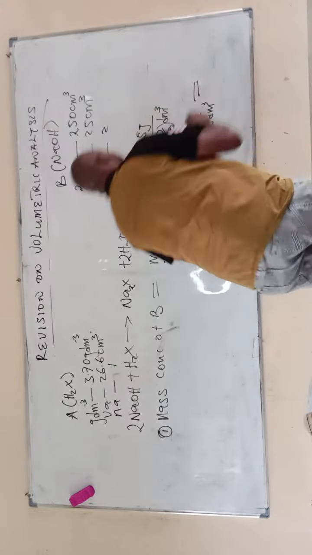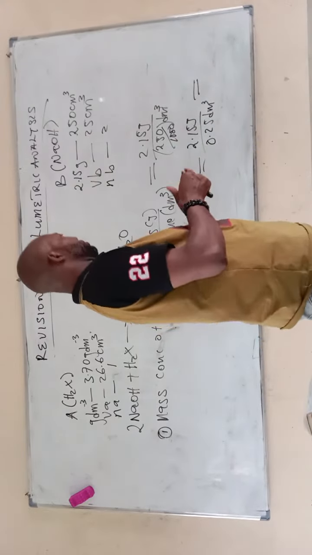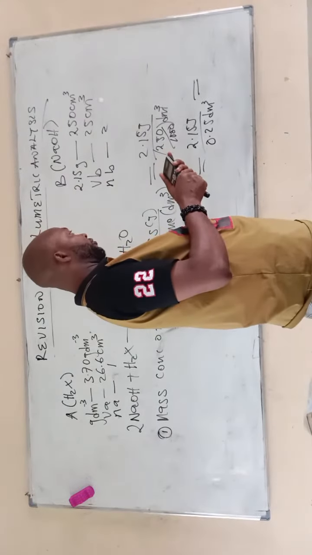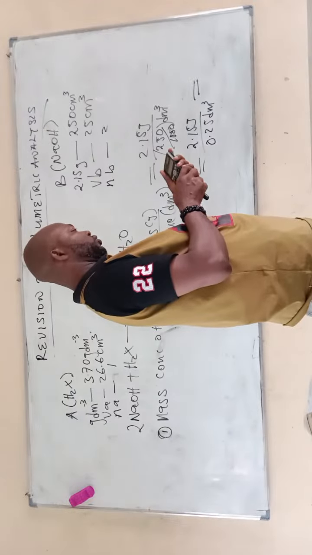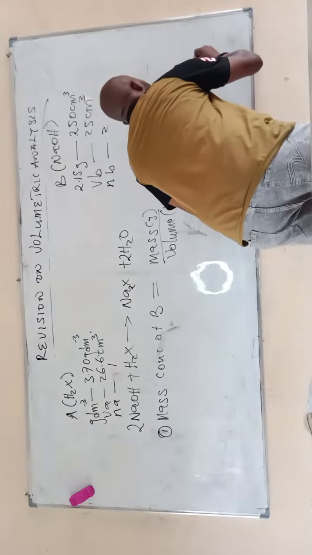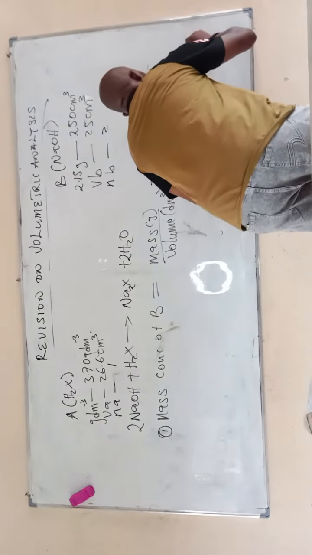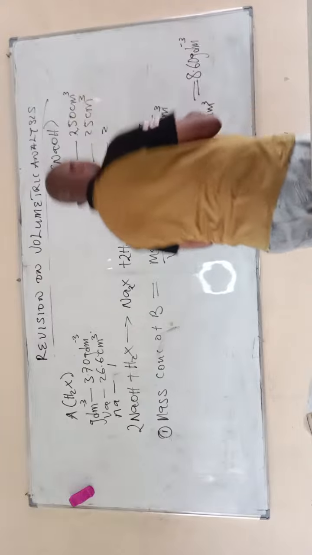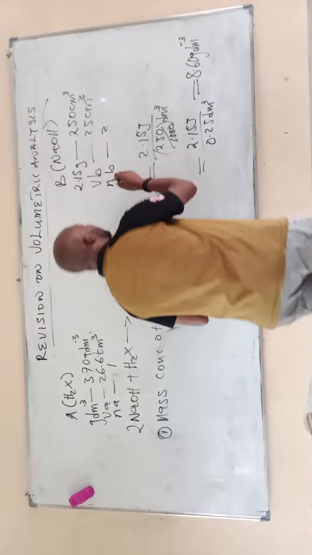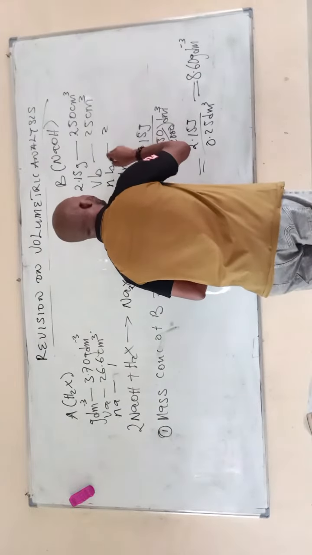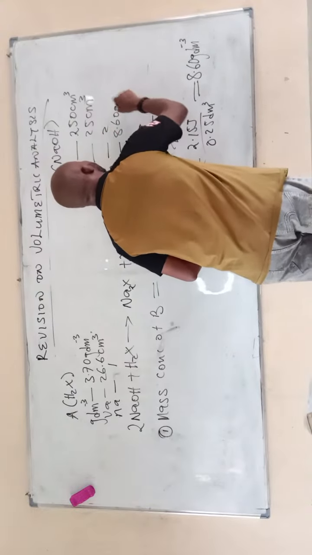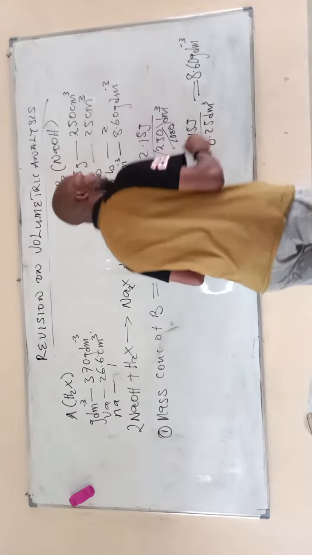Now 2.15 divided by 0.25 is 8.6. So this is 8.60 g/dm3. So now I have my mass concentration, and I'm going to call it 8.60 g/dm3. So this is what I have.